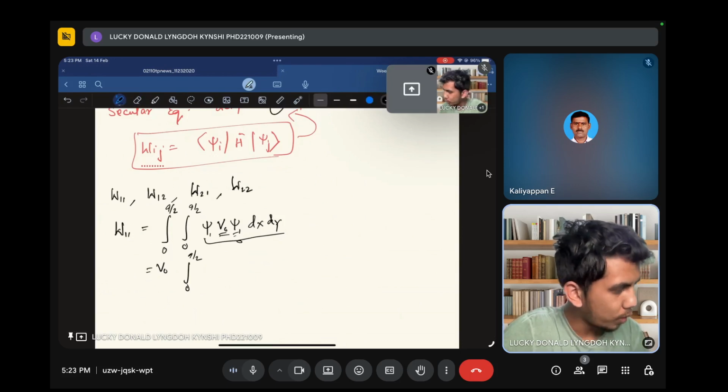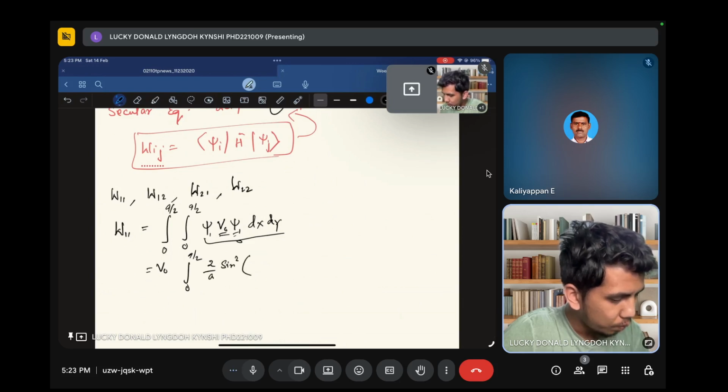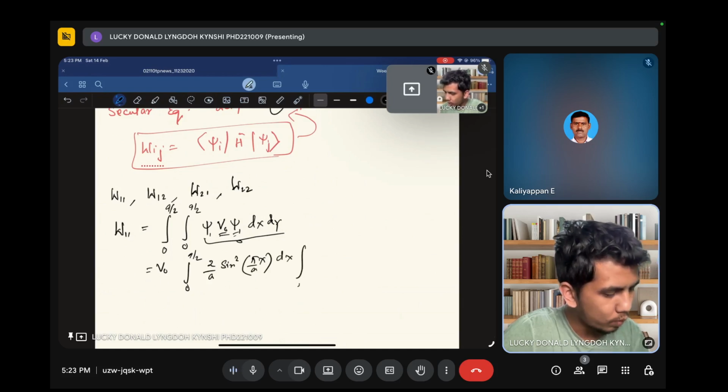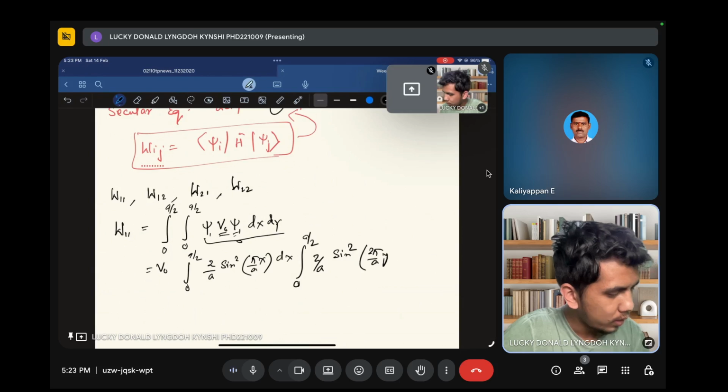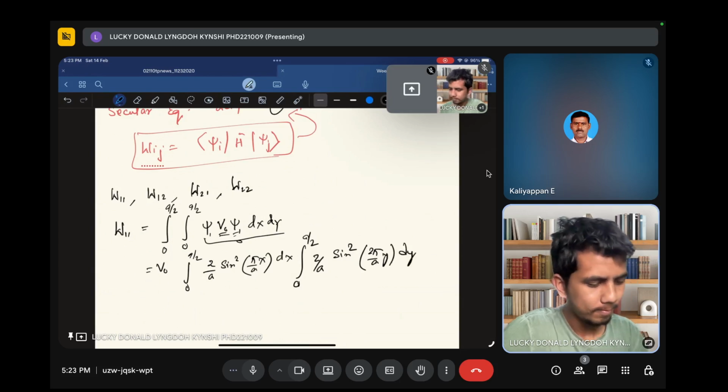psi 1 into psi 1, you can multiply it, you get 2 by a sine square pi by a x dx, and your y will be 0 to a by 2, 2 by a sine square 2 pi by a y dy, because psi 1 into psi 1.